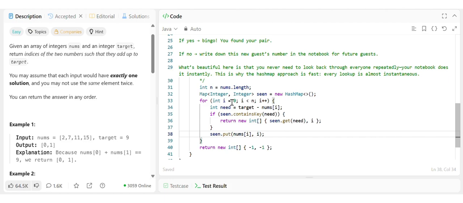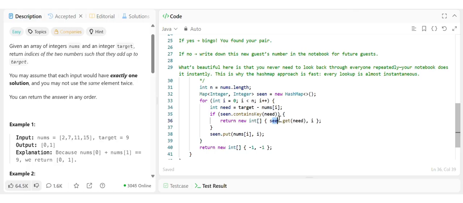Go to the next person. Define need again. That would be target minus the number that this current person represents. Check the notebook. If the notebook contains this number need, then return the current position of this person and the position of the person whose number is need.